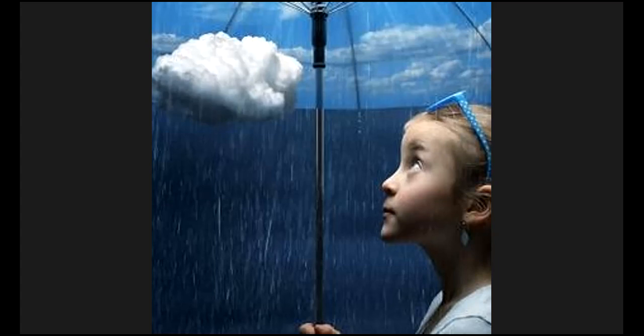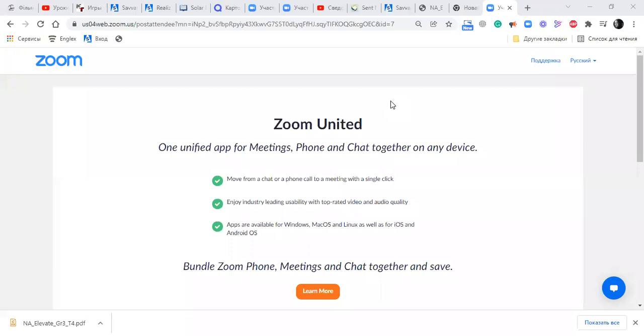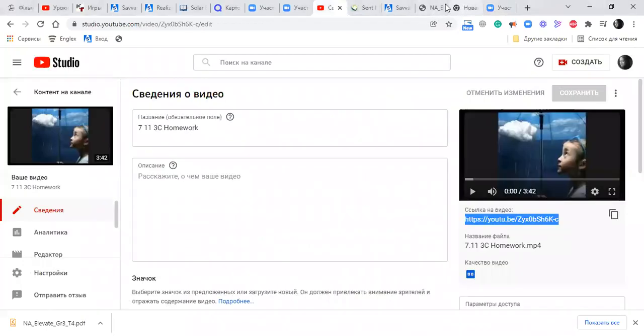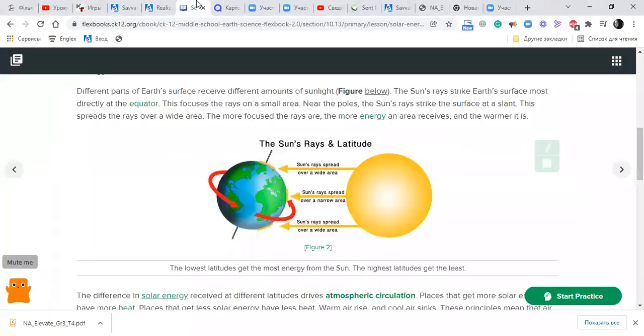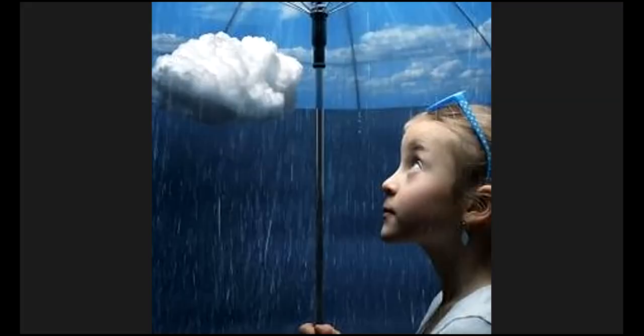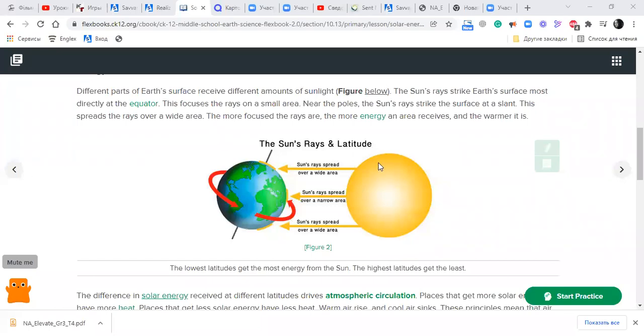The Earth is divided into two parts by an imaginary line, which is the equator. And I wanted to share the picture with you. Here we can see the equator. Here we can see our planet Earth, the sun and the sun rays.